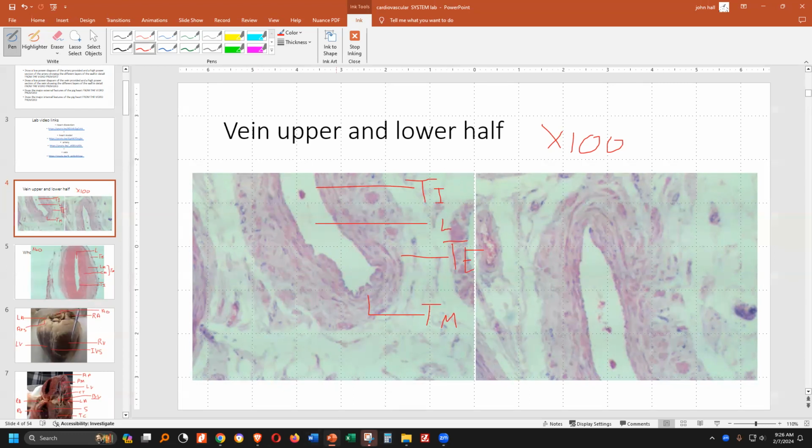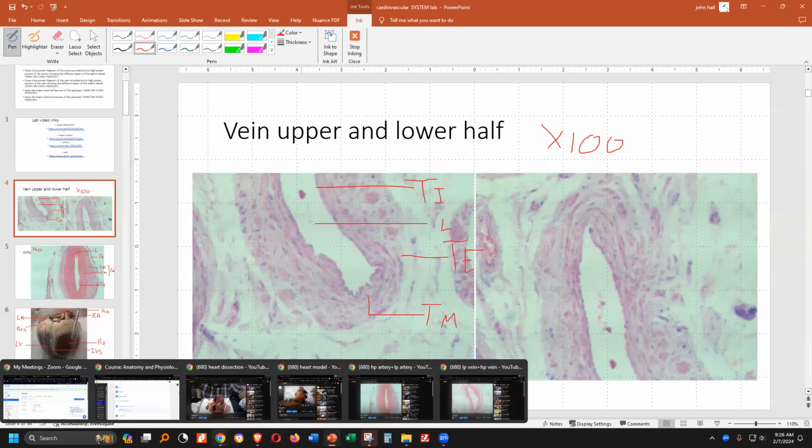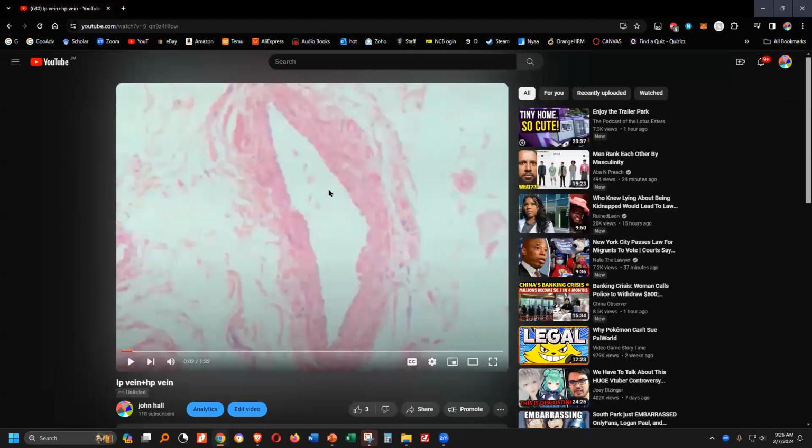And of course, as I said to you, you can draw the one from the video instead. At least the one in the video shows you the whole thing at the same time. This one here, you have top and bottom that you have to put together. Whereas this here shows you one complete image. So that is the tunica externa, tunica media, and here is your tunica intima, right?